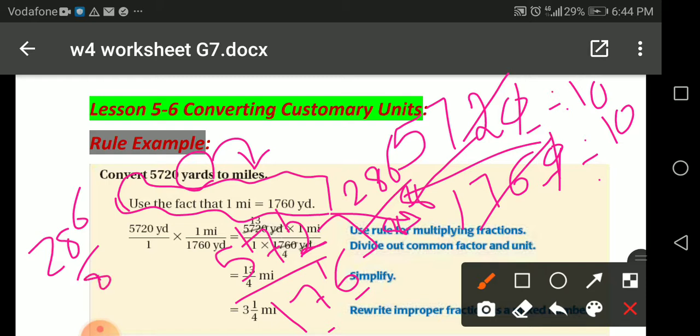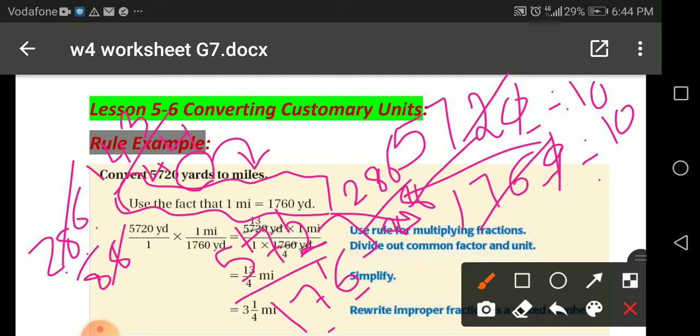Do we have a common factor here? Yes. Then divide by 2 and divide by 2 again. So 2 divided by 2 gives me 1, 8 divided by 2 gives me 4, 6 divided by 2 gives me 3, and 44.